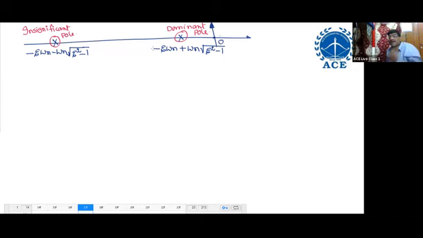Now what is the time constant? It is determined by the dominant pole, not the insignificant pole. Time constant is minus 1 by the dominant pole location, which gives 1 by zeta omega n minus omega n root of zeta square minus 1 seconds.